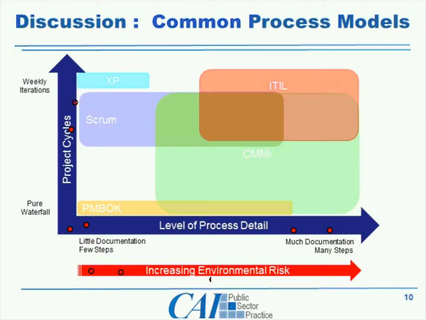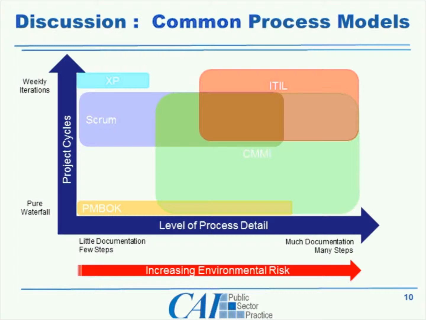So for instance, with the Scrum and the XP examples, the Agile examples, they are well suited towards handling it with iterations in smaller chunks. CMMI, as you gain more maturity across the CMMI landscape, handles it with documentation and process steps, more rigorous controls for managing the risk as it's increasing.